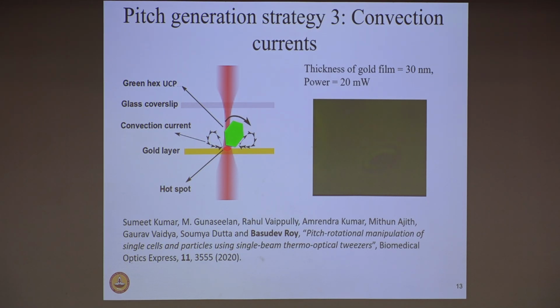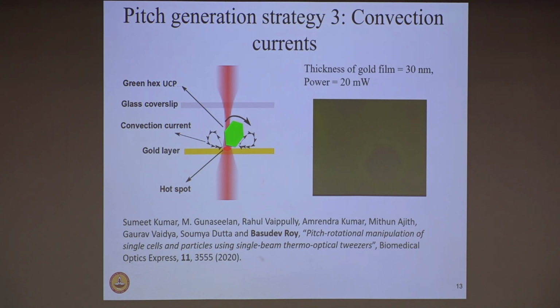We were surprised to find that this generates convection currents right at the surface itself. And this particle, which happened to be hexagonal, was spinning nicely, going round and round. So this is a convection current that we have built up here, and this is clearly a pitch rotation. So this is the third way of generating this.